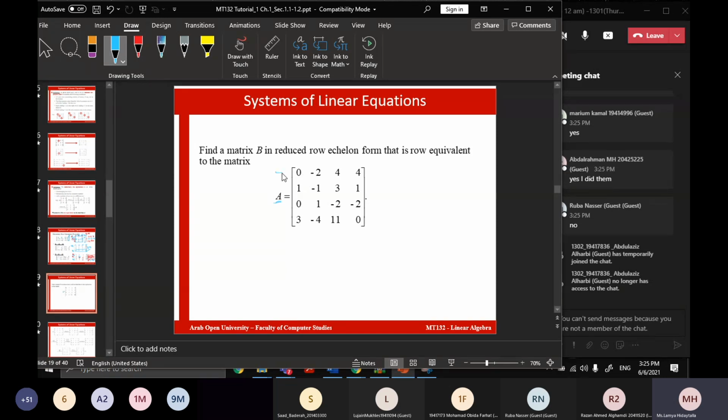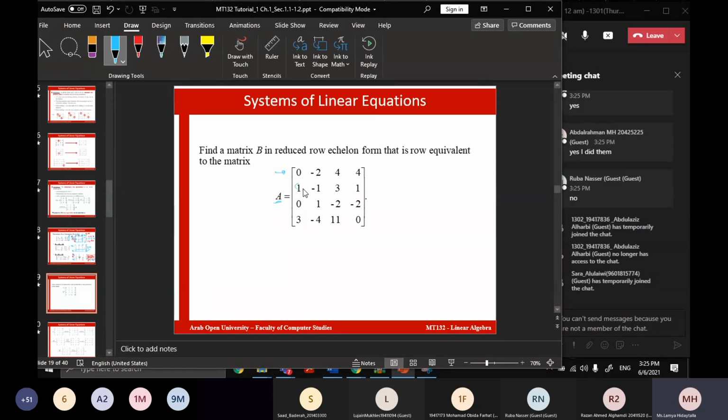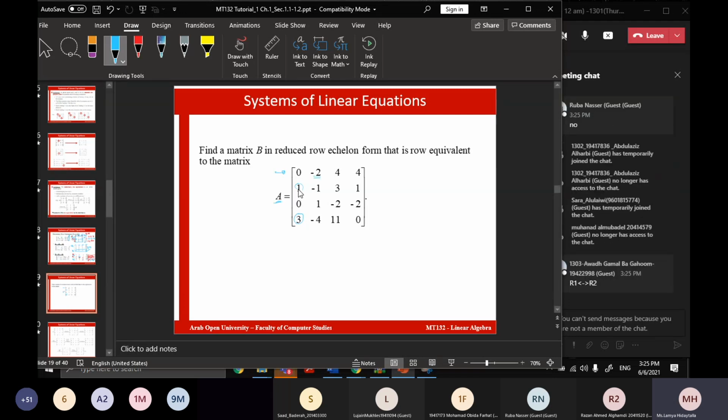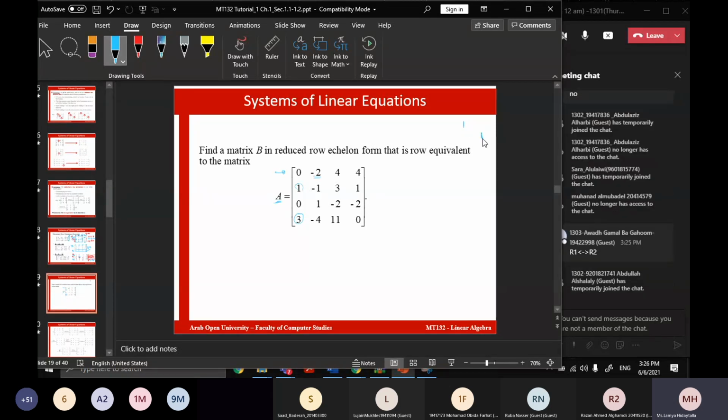So I come to the first row. I want the leading one. But since here in some we have numbers, I will not think to make this number 1, because always the leading one, if this is the leading one, the other should be to the right.